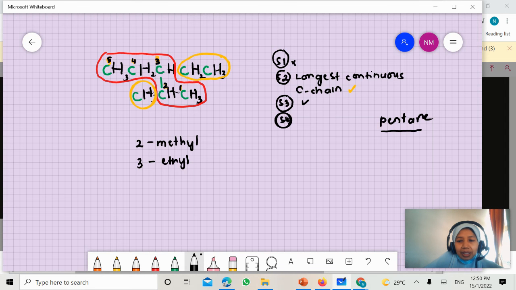Right. And finally, time to combine. When we combine the names, remember, the substituents are arranged in alphabetical order. We always consider the first letter except for the prefixes like di, tri, tetra, but we consider iso and neo.